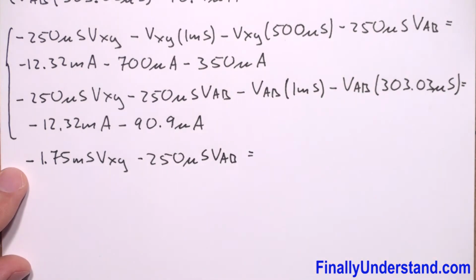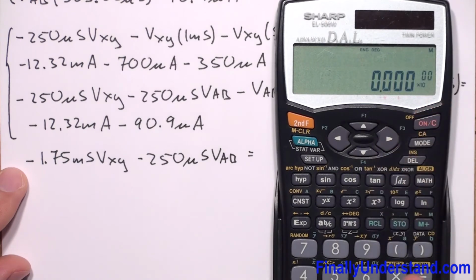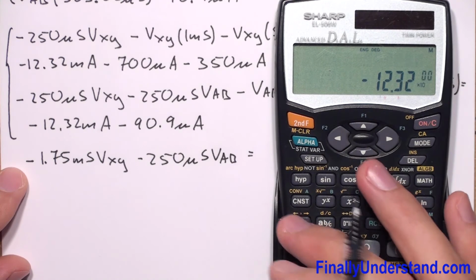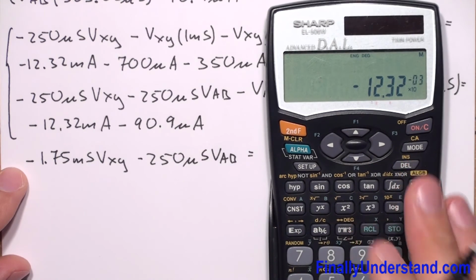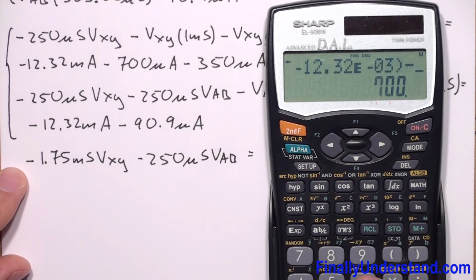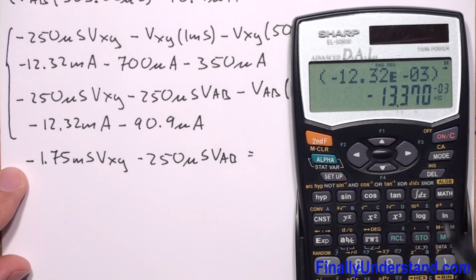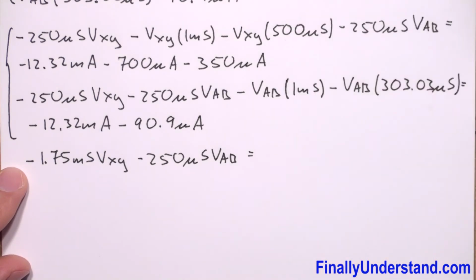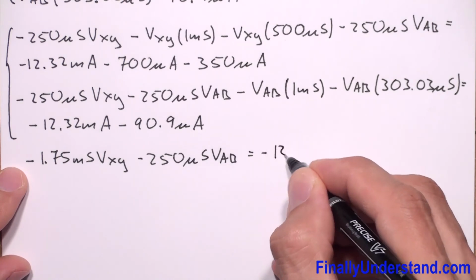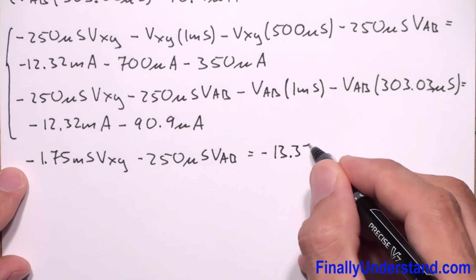This is equal, and I have 12.32 exponent negative 3 minus 700 exponent negative 6 minus 350 exponent negative 6. Okay, this is equal negative 13.37 milliamps.